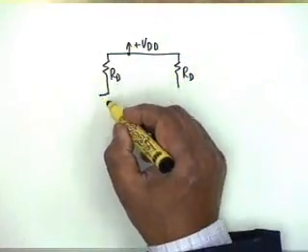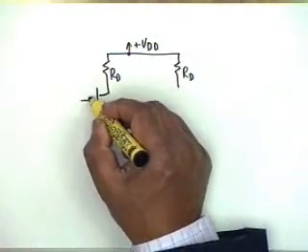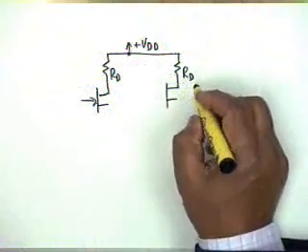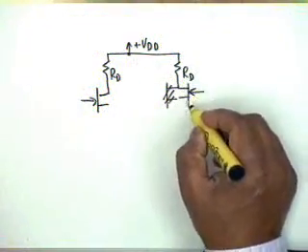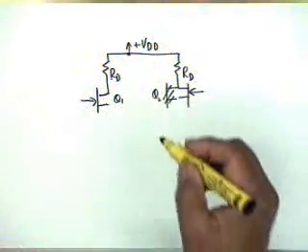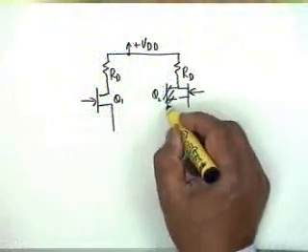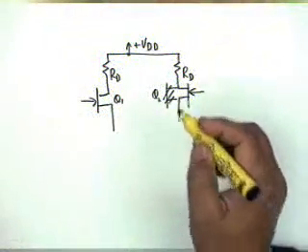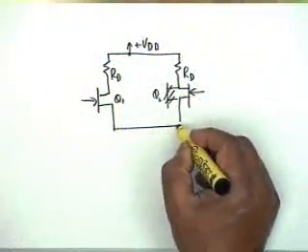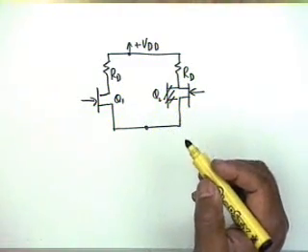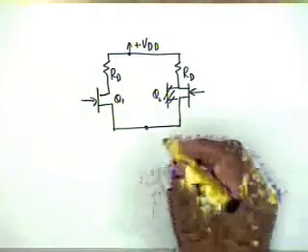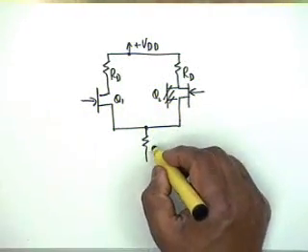We have the Q1, no, I should have drawn like this, Q2, then the two sources, this is the drain, this is the source terminal, the two sources are connected together. So, it is a source coupled pair rather than an emitter coupled pair, and then we have an R sigma.